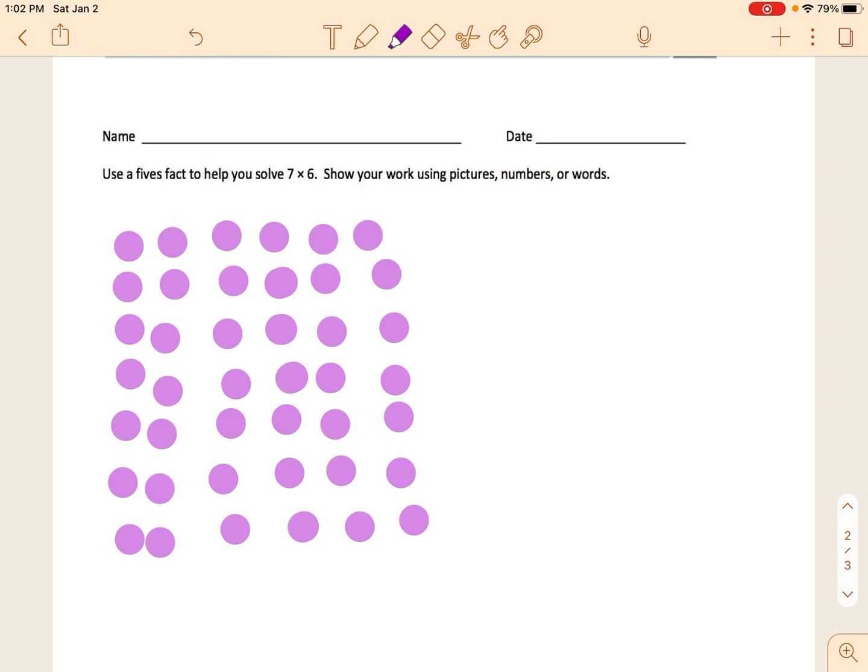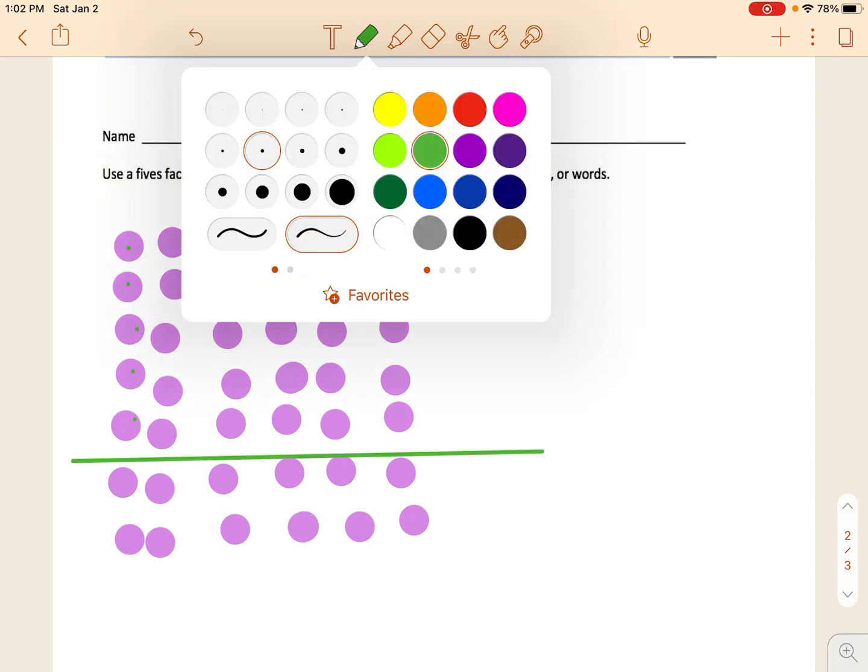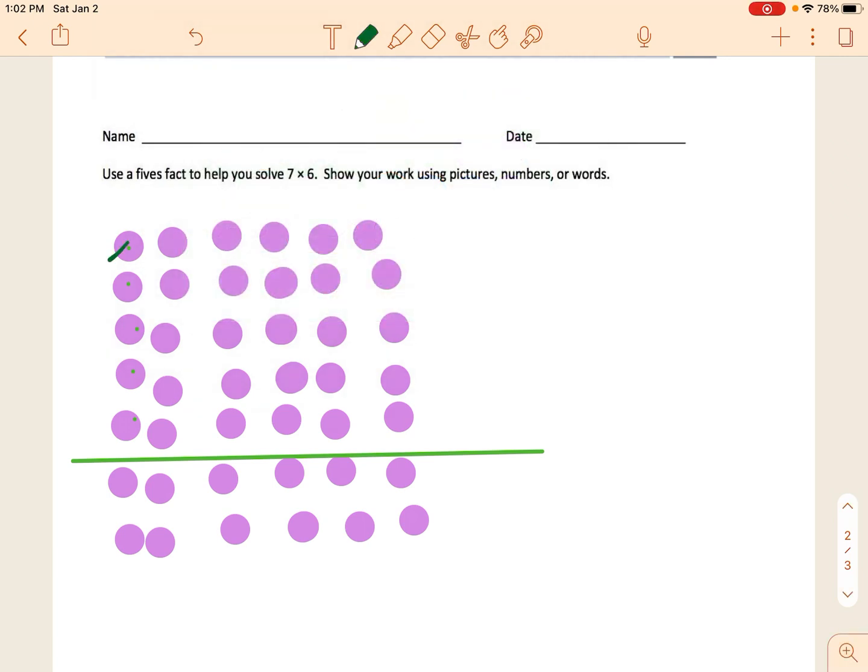All right, so now I have 7 times 6, and I need to use a 5 fact. So I'm going to do 1, 2, 3, 4, 5 going down. I have 5 times 6.